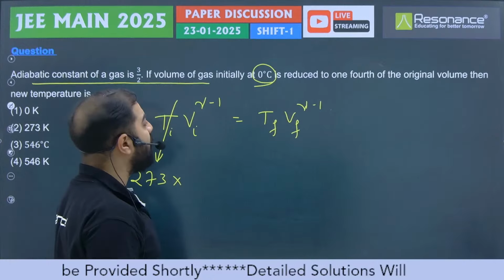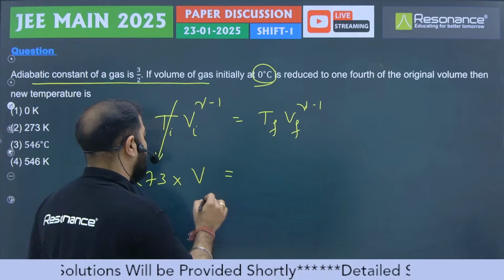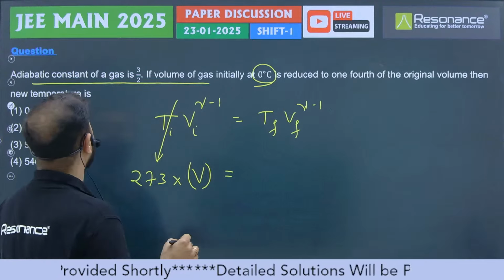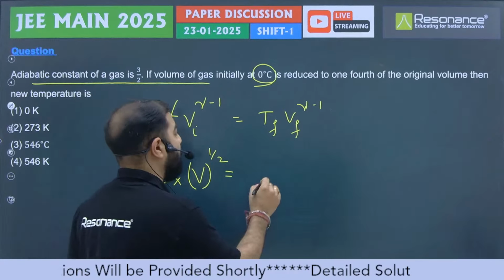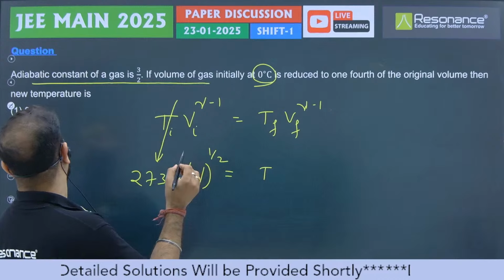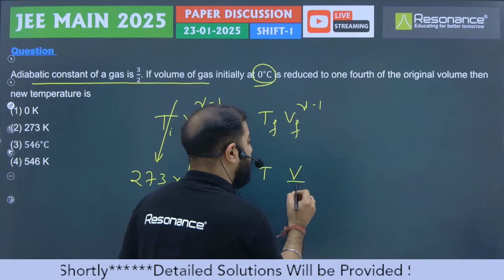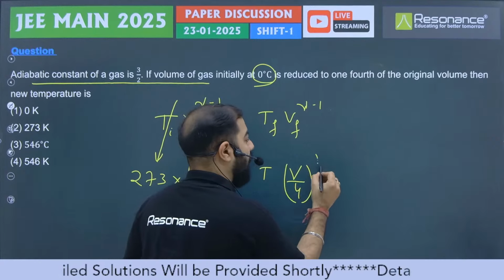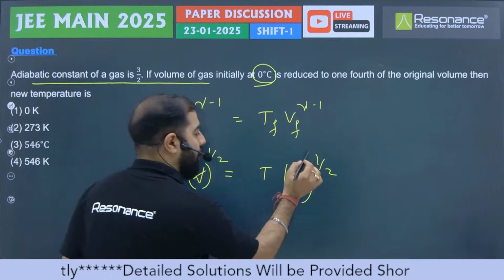What is the V initial? We write V initially to the power gamma minus 1, 3 by 2 minus 1, which is half, right? TF, the final temperature, we need to find. What they are asking is the new temperature. V final is 1/4 of the volume, so V by 4 to the power half.